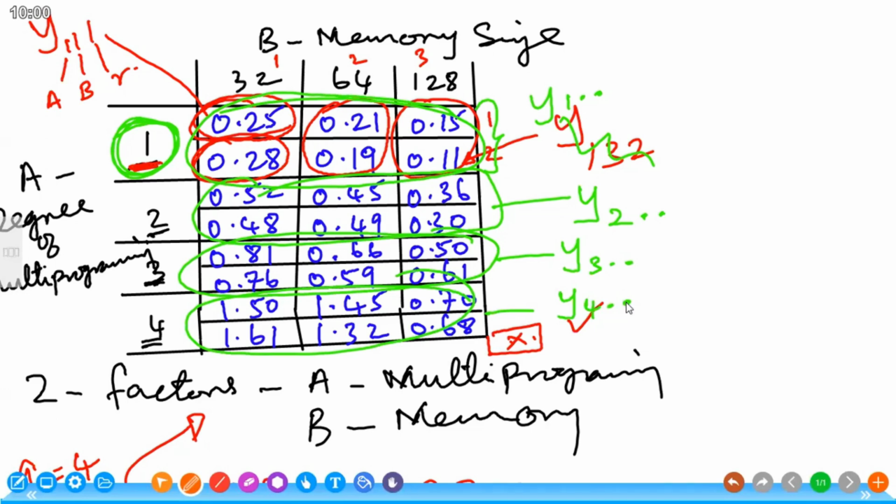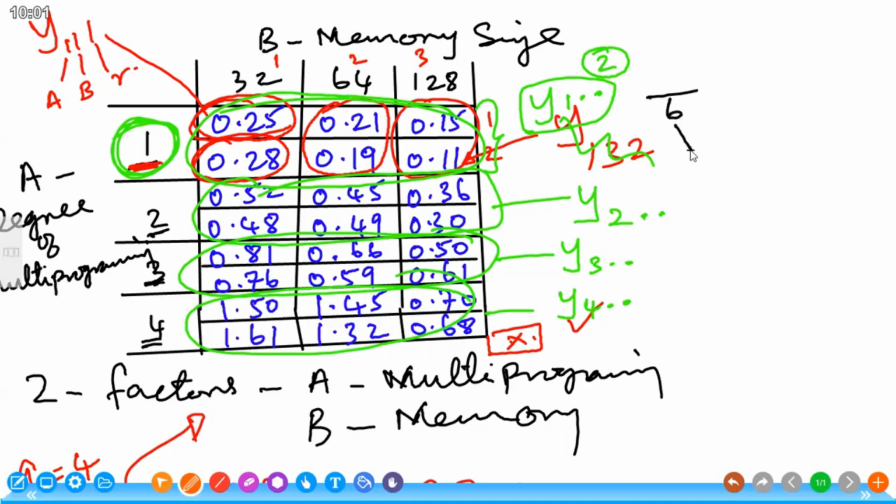Now look at this carefully. We are squaring this. Before squaring, how many observations are we adding in each case? Six observations. We are taking the average, dividing by 6.